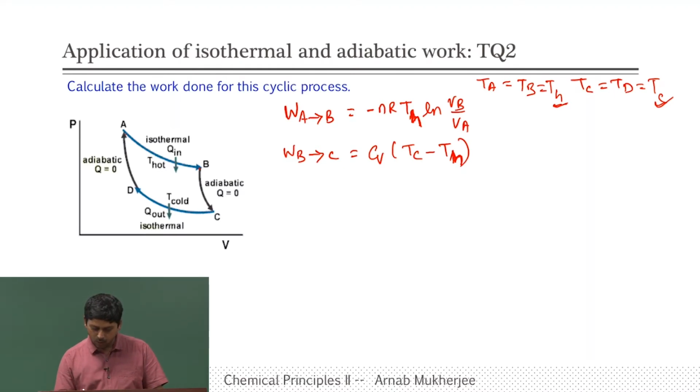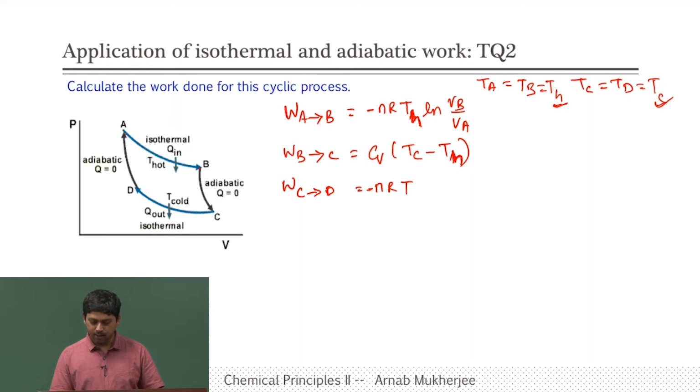Okay. So, now what is the work done from C to D? No, we have gone to B to C, right. So, C to D, it will be exactly opposite of A to B. So, it will be plus nRT, or rather you use the same formula.